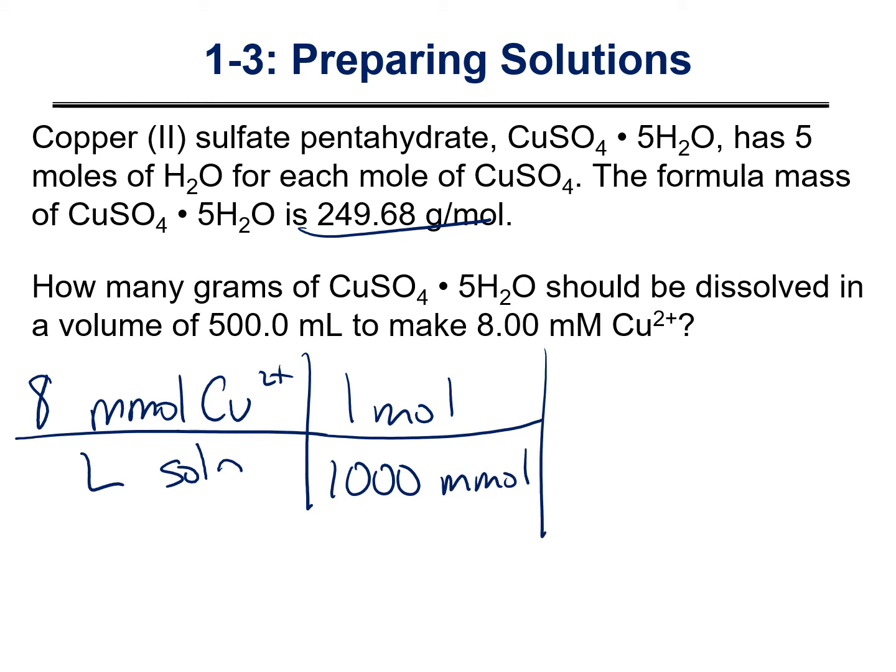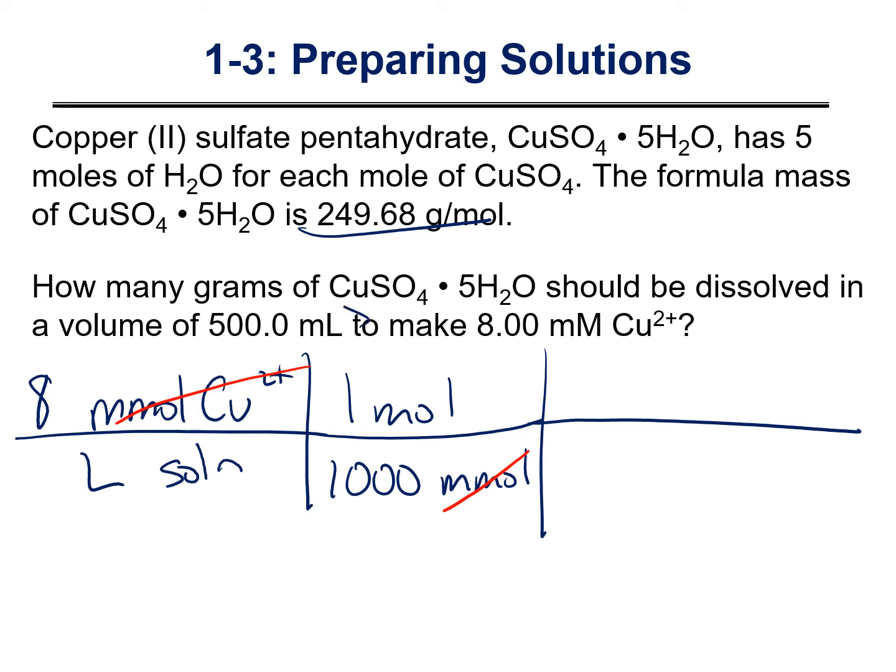All right, so now I have moles over liter. So now I have just molarity. I'm going to then need to get rid of the liters on the bottom and be left with just moles, because in order to figure out the grams, we need to have just moles. If there's liters involved, it won't be accurate.